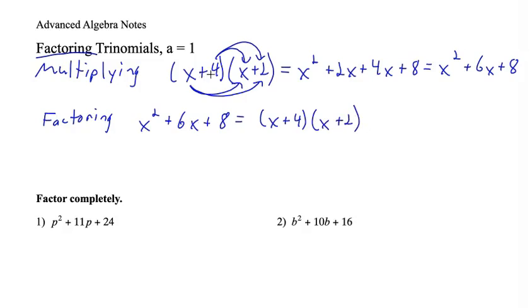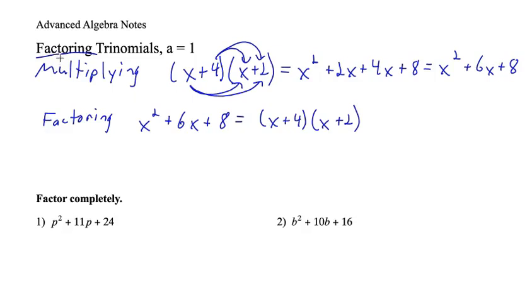So here we multiplied x plus 4 times x plus 2 and got x squared plus 6x plus 8. Here we're factoring the same thing that we got when we multiplied. And when we factored it, we got these two binomials, which is what we started with here. So we have a very close relationship between multiplying and factoring. They're just going in different directions.